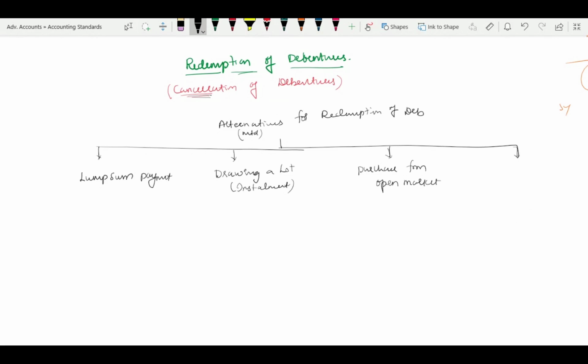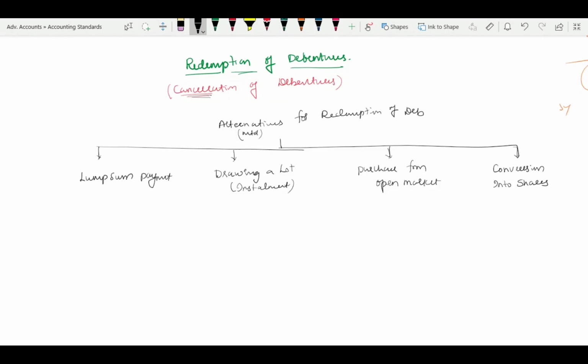The last option is conversion into shares.